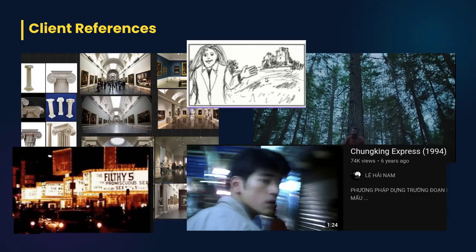These are all real examples we have got in the past. For example, the Chungking Express clip right here was actually one of the references for Train Dreams, and they pretty much sent us the Chungking Express video. They sent us a picture of the forest they were shooting in, and that was pretty much it. That was the whole reference, and we had to work on that.